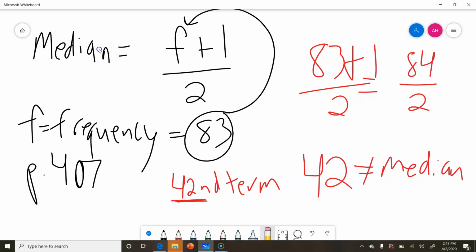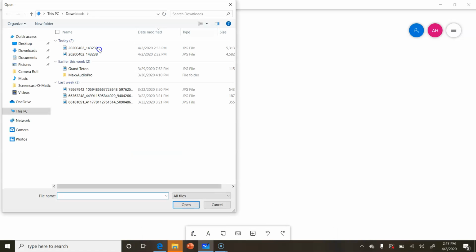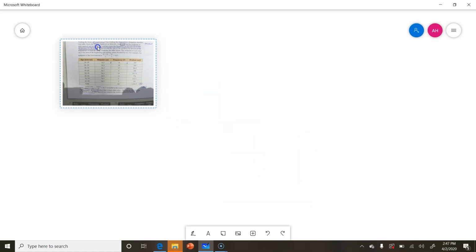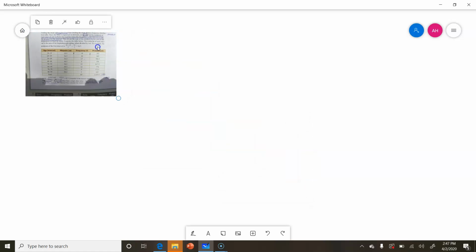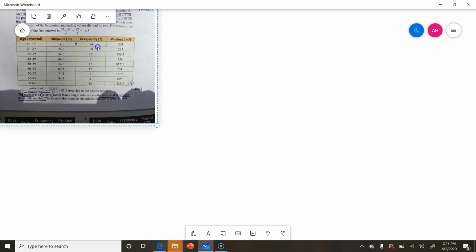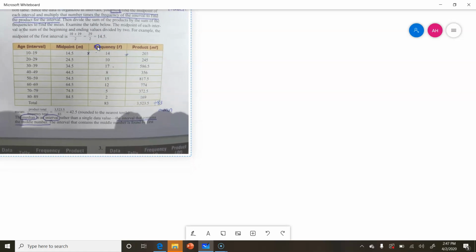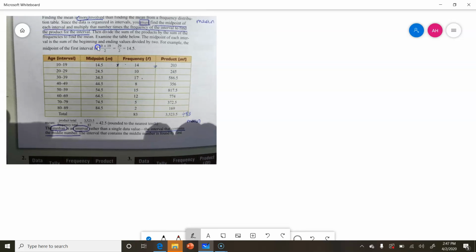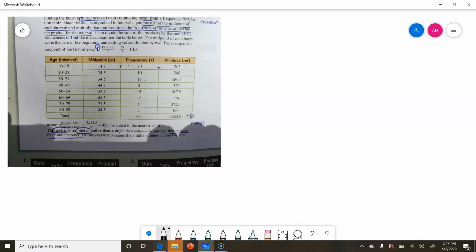Just keep that in your mind, and I'm going to pull up our paper again. Okay, here's our picture. Now, I want you to see if I can make this bigger. Here we go. Now, look up here. We're looking for the 42nd term on there. So what we do is we start from the bottom one, this 10 to 19, and we take the frequency.